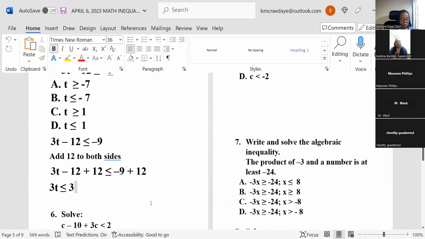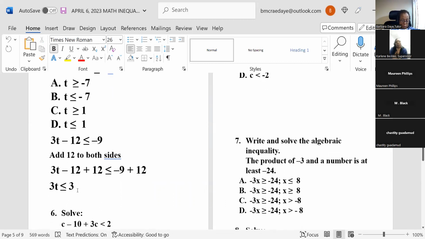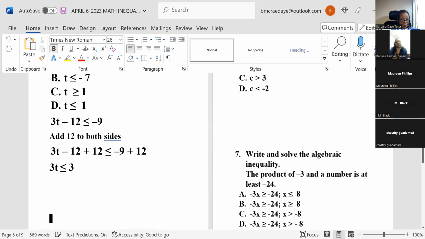Okay, now we want to solve for t, Maureen. What do we do? You subtract 3 from both sides. Maureen, why do you say subtract and you're not adding? 3t is what operation, Maureen? Divide. 3t is a multiplication. Right on. So what do you do?